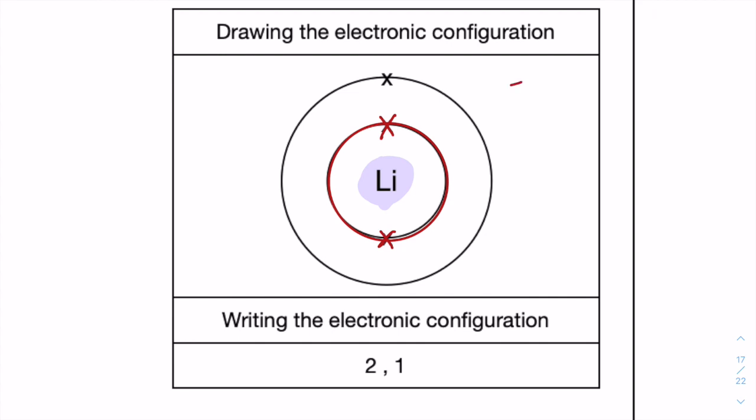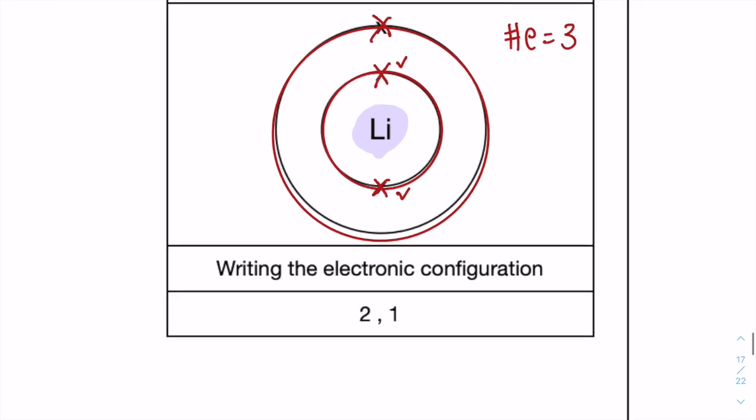No, because we know that there are a total of 3 electrons. So far we've only put 2 electrons. Where does the last electron go? There's no more space on the first electron shell, so the last electron will just go to the second electron shell. And we are done. Okay, so when the question asks you to draw the electronic configuration, make sure you draw it this way.